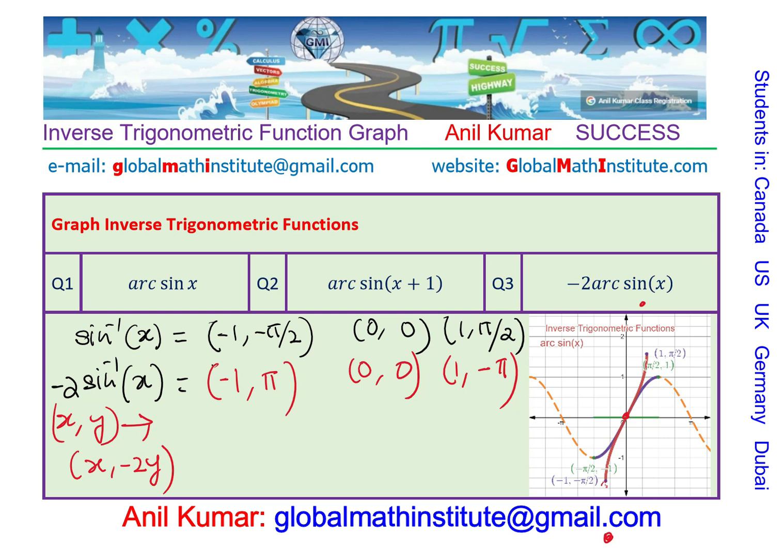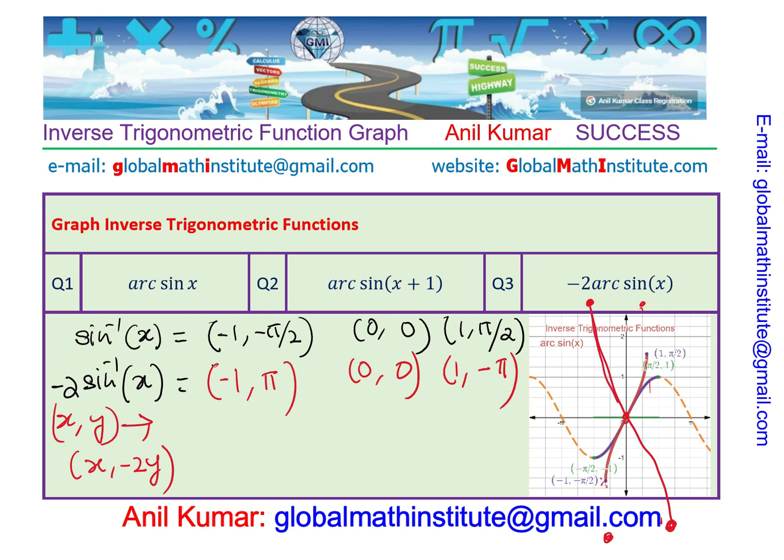So once you reflect, the value at minus 1 will now be shown on that side, correct? 0 remains there after reflection, and the third point, which was the maximum, now becomes the minimum, correct? So the graph will now be like this. You see that?